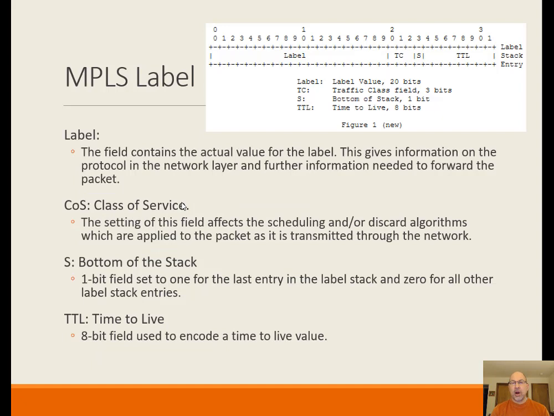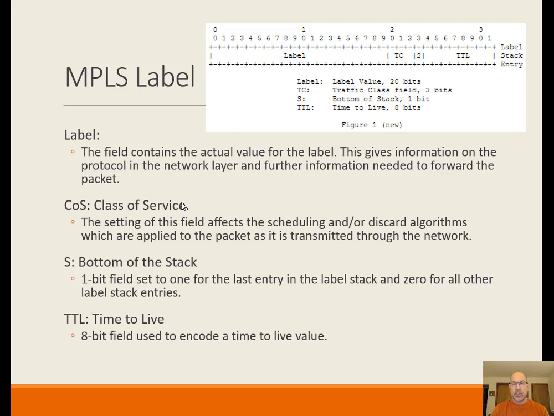So again, here's our current MPLS label and just a little more detail about each one of them. So the labels are the actual values. Now the label field there looks pretty big. You'll see that a lot of the labels that come out have actually small numbers associated with them, but we need room for something called the label stack. We've got the class of service. We already talked about that.